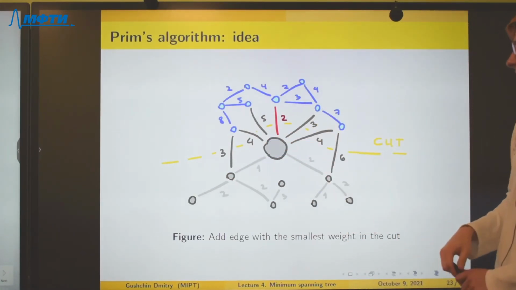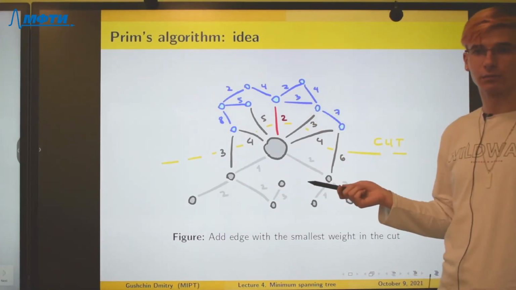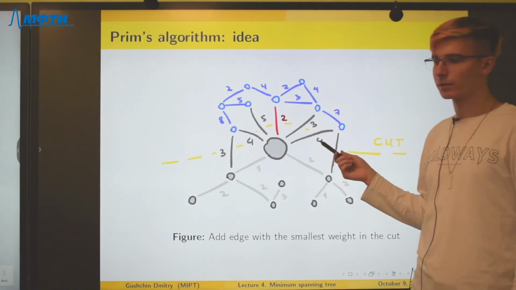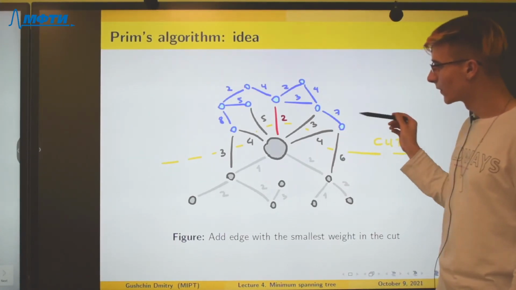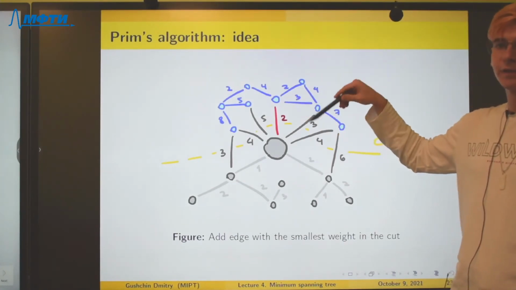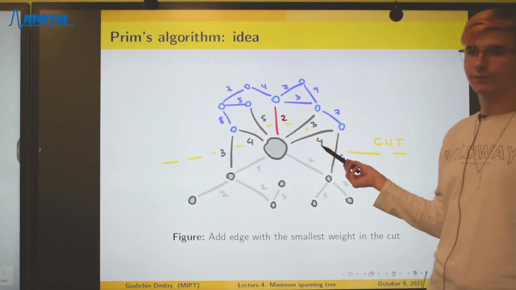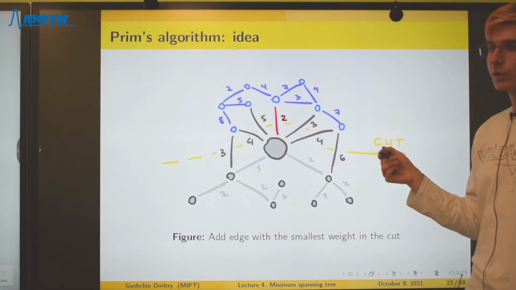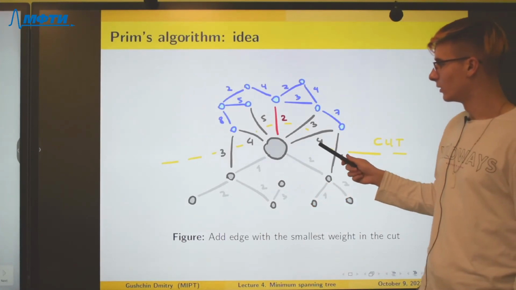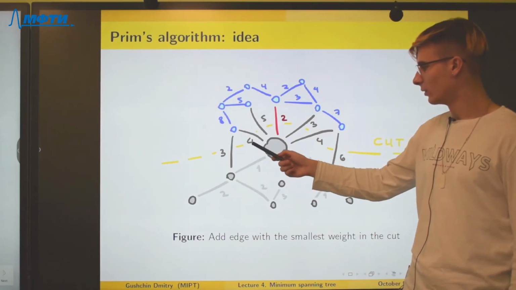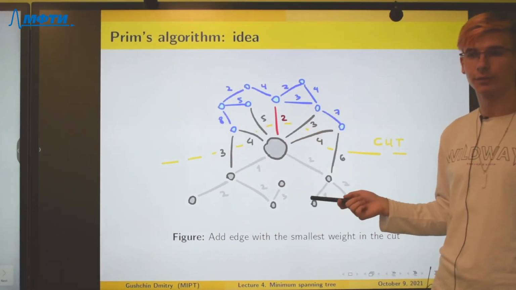Then we take the minimal edge in this cut, add it to this tree with its vertex, and repeat the algorithm. As a result, we get a minimal spanning tree. So it is a greedy algorithm, where in each step we find the minimal edge in the cut that we can add to this tree.